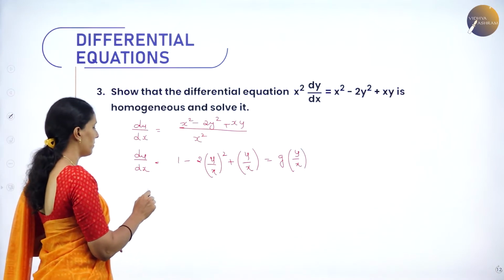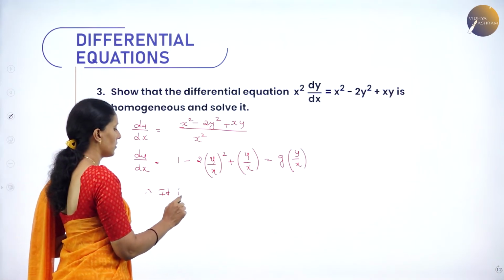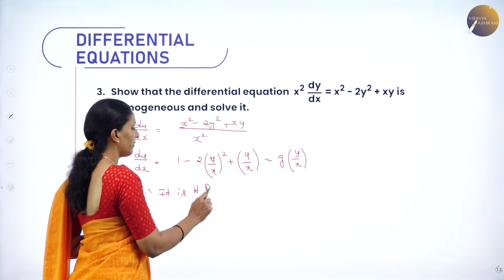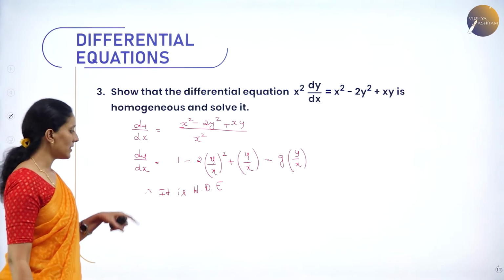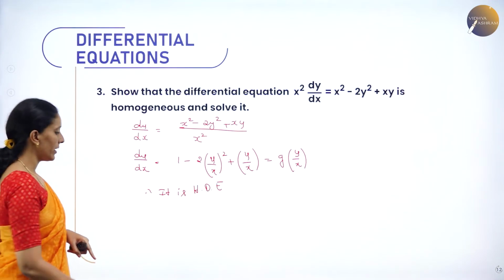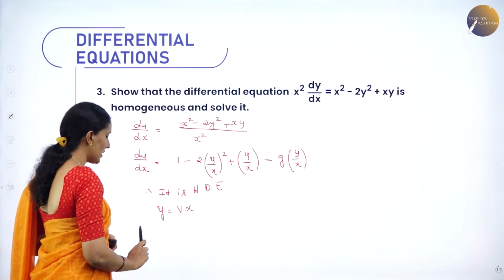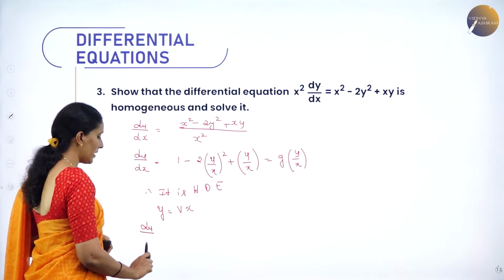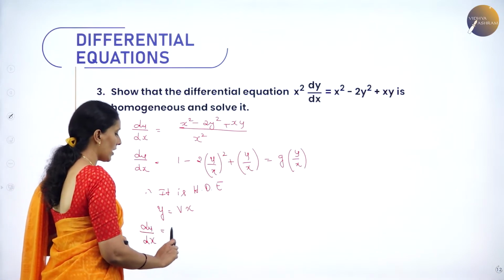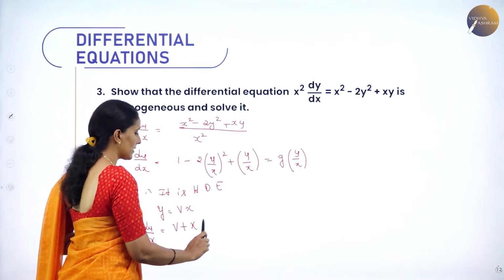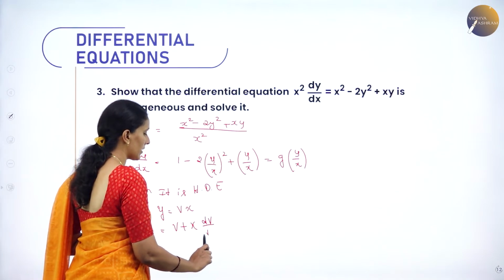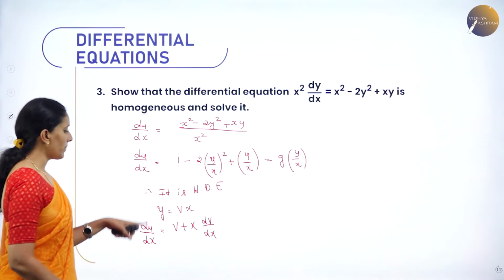So therefore it is a homogeneous differential equation. Since we have the type of dy by dx, we can make a substitution y is equal to vx, such that dy by dx can be written as v plus x into dv by dx. Now let us make a substitution.